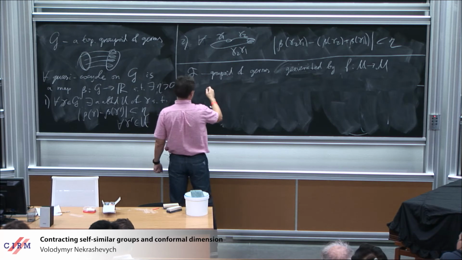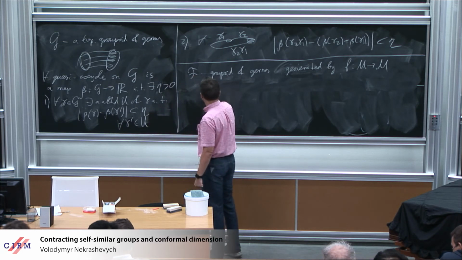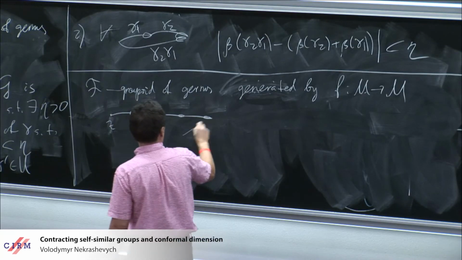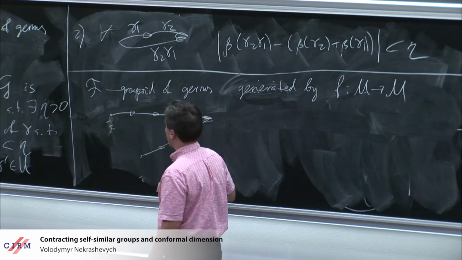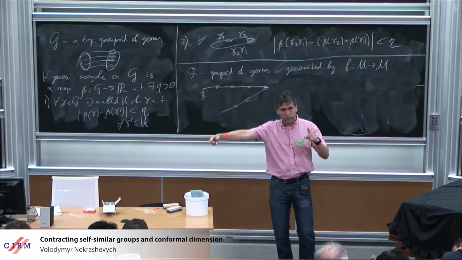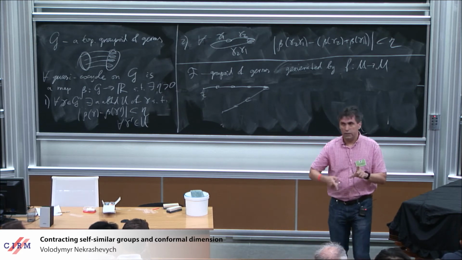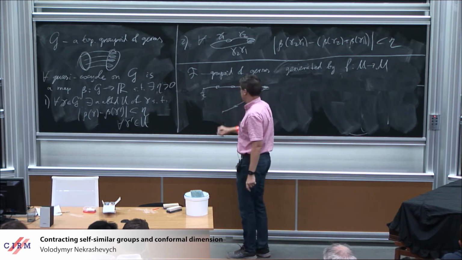So every element of this groupoid looks like this. You take a point z, you apply F some number of times, and then you apply branches of F inverse some number of times. So if you compose F and then F inverse, that will be a germ in this groupoid, and all elements of this groupoid are like that.